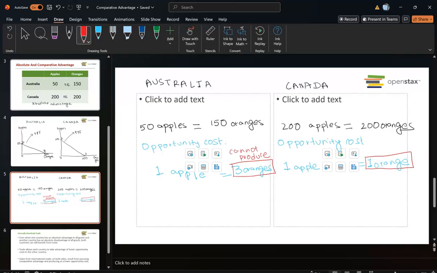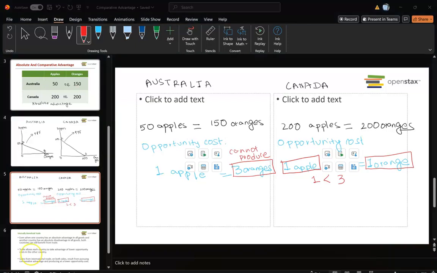We have to look at which country is sacrificing less of the other item. The Canadian economy is sacrificing only one orange compared to 3 oranges by the Australian economy. That means it's cheaper to produce an apple in the Canadian economy compared to the Australian economy.